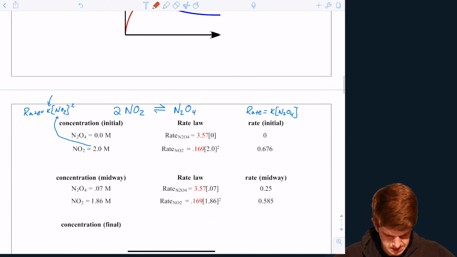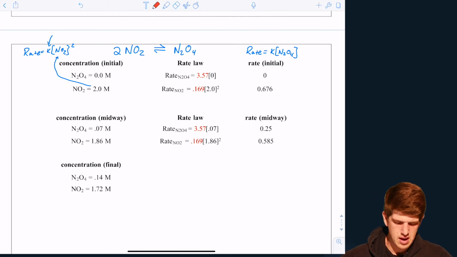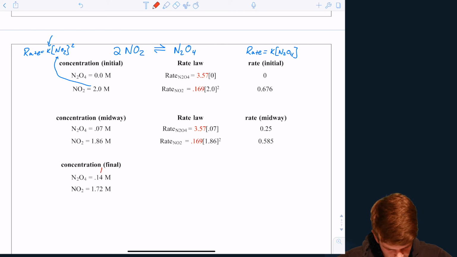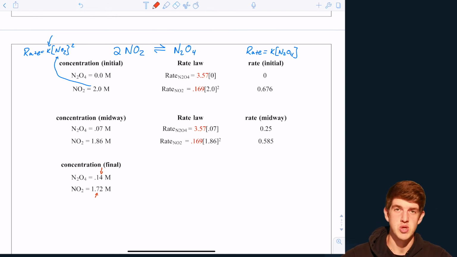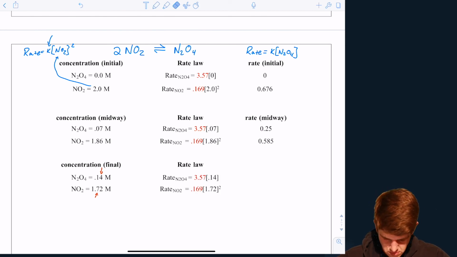So now what happens? Well, I find that my final concentration is 0.14 moles per liter for N2O4 and 1.72 moles per liter for NO2. We look at our rate laws again. Fantastic, no change in our values for the rate constants.